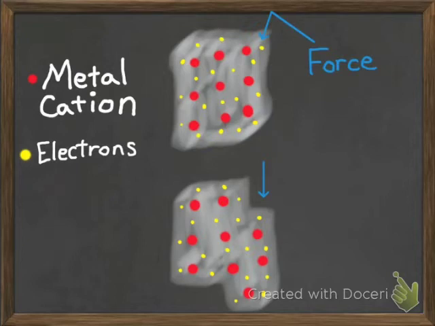We can explain this with the free-flowing electrons. Because these electrons are allowed to move, all they have to do is move around the metal cations. When the force is applied, the metal cations move, and then the electrons just surround the metal cations and are free-flowing just like usual. So the shape changes, but then it stays in that shape.